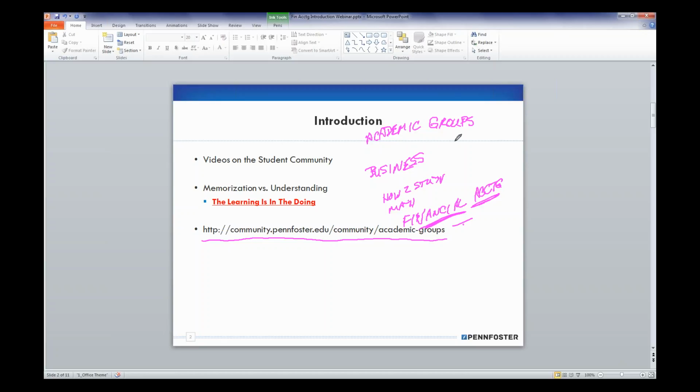And then the next section is math for business applications, all right, which most of you probably have already had that subject. So that's not going to be of any use to you. And then you'll see the financial accounting subject. And like I said, there's only 3 chapters so far, but as I go forward, I'm just going to keep on adding content.